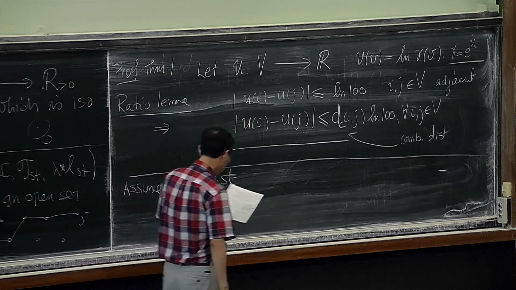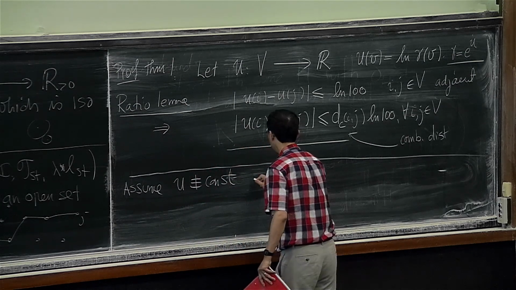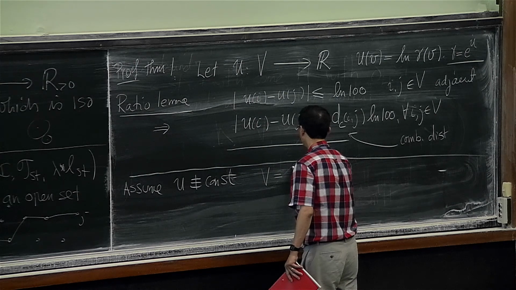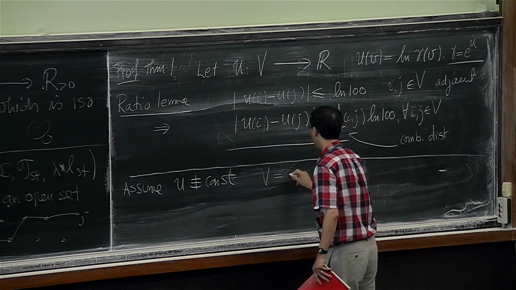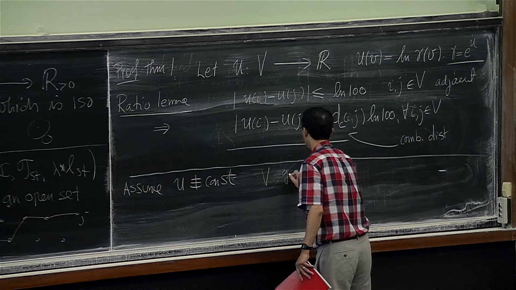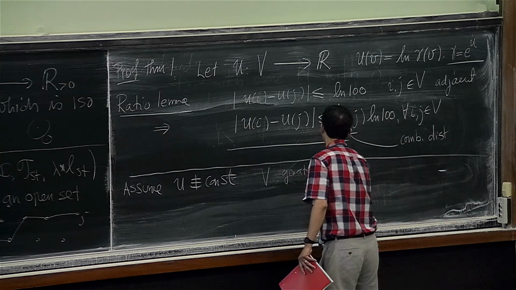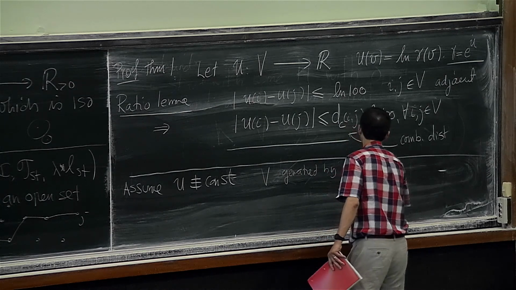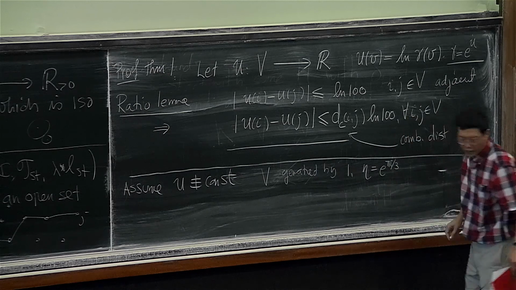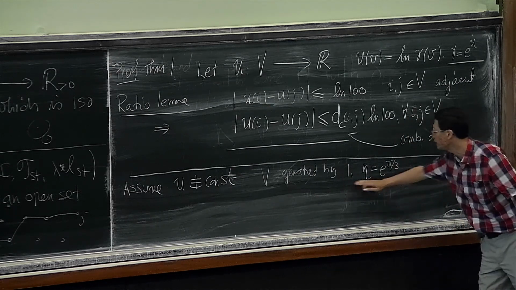Okay, so what can we say then is this V is generated, as a group, by two vectors, right? So V is generated by 1 and eta, which is e to the pi i over 3. And we have a function defined on this abelian group.